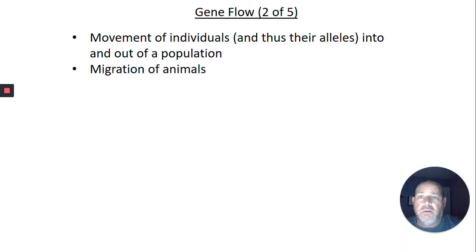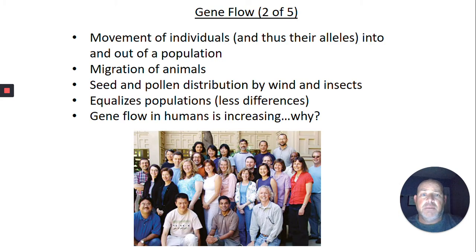With gene flow, remember here we're talking about immigration and emigration and things moving into and out of a population. And so the genes are moving between the populations. And if that keeps happening, a lot of times things get more and more similar or there's less differences, right? And so gene flow has been increasing in humans over the past, let's call it 50, 60, 70 years.